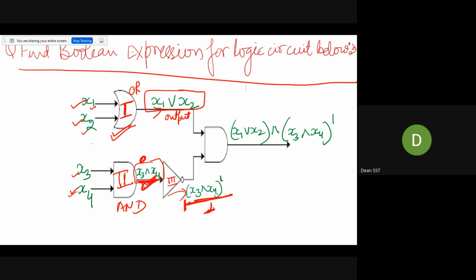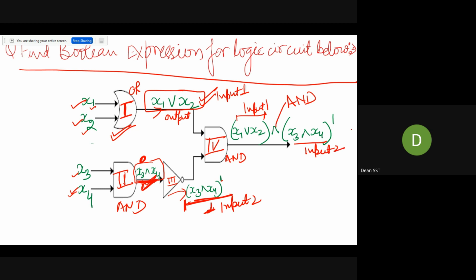Now see gate number 4. Which type of gate is it? AND gate. This is input 1 and this is input 2 for this gate. So the result is input 1 AND input 2.